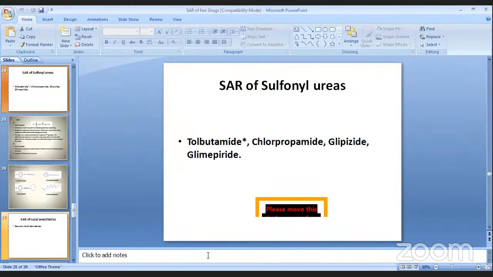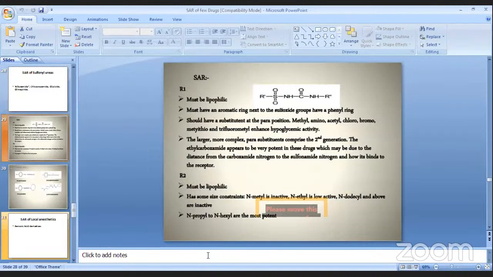Next I am going for the sulfonylureas. It is one of the drugs for the treatment of diabetes. Diabetes I have already studied, and now I am going for the SAR of sulfonylurea drugs. So what is the basic moiety?